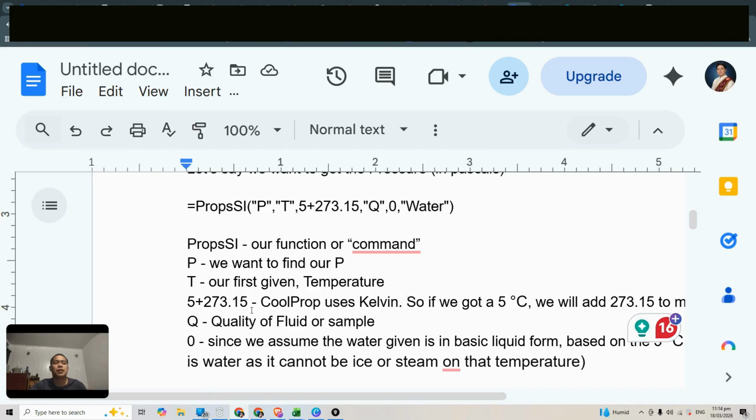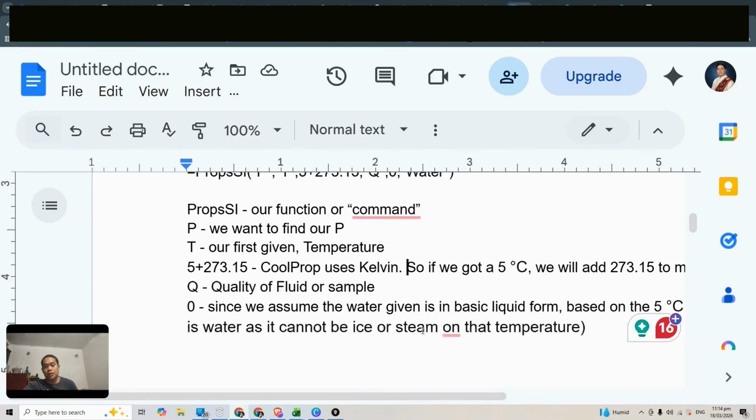We were given 5 degrees Celsius, but CoolProp uses Kelvin, so we add 273.15 to that. Then we're given the quality of the fluid or sample. Since it's at 5 degrees, we assume the water was given in basic liquid form, since water cannot be ice or steam at that temperature.